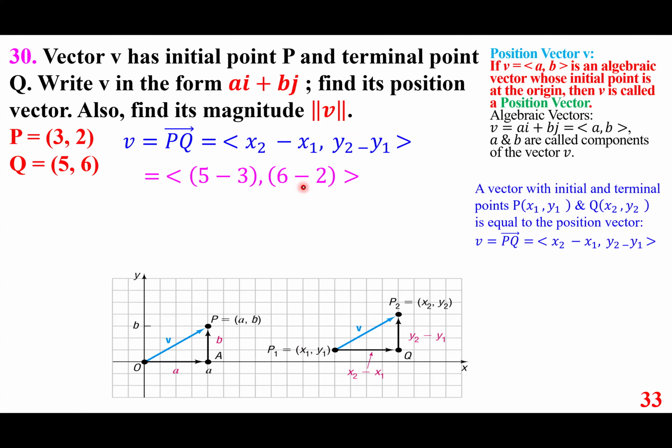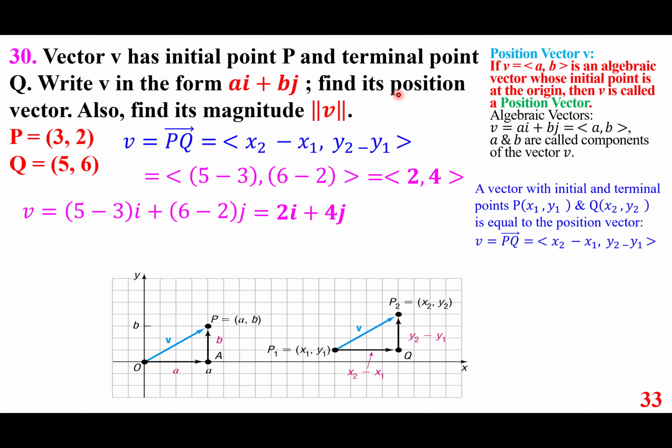This is 2, this is 4. So those are the components. Or we can write it as (5 minus 3) times i plus (6 minus 2) times j, in other words 2i plus 4j. So there are two ways to represent the components, in this format as well as this format. That is the position vector, if you will.